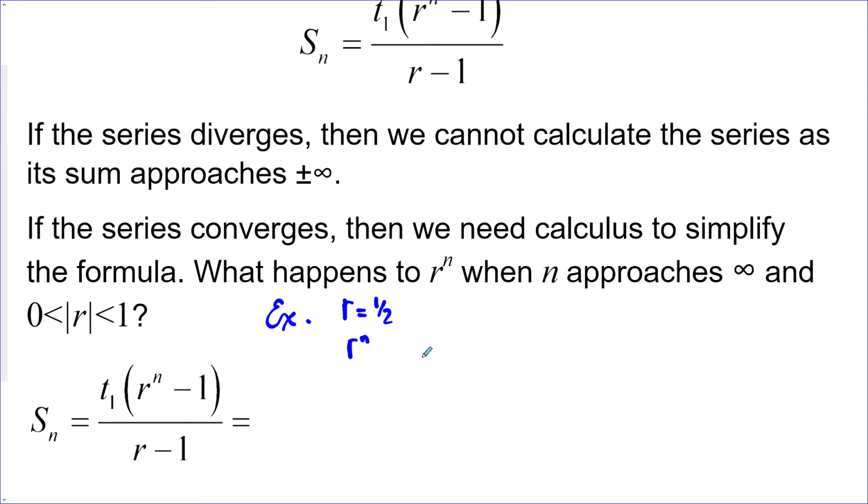and n approaches infinity. So we would say the limit, and you don't need to know this notation until calculus, but we have the limit as n is going to infinity of 1/2 to the power of n.